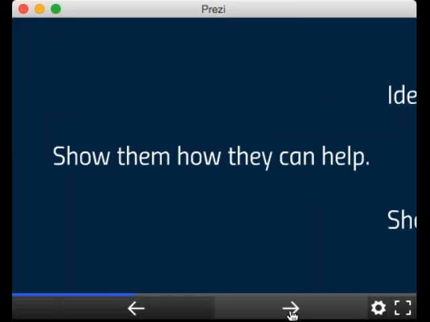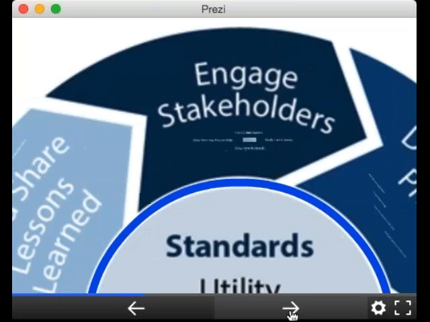And then the last piece is pointing out to them directly what role they may have in the evaluation. How can they help with the evaluation process? So we have a 4-step process, beginning with identifying who they are, and the last step is showing them how they can help us obtain our evaluation goals.